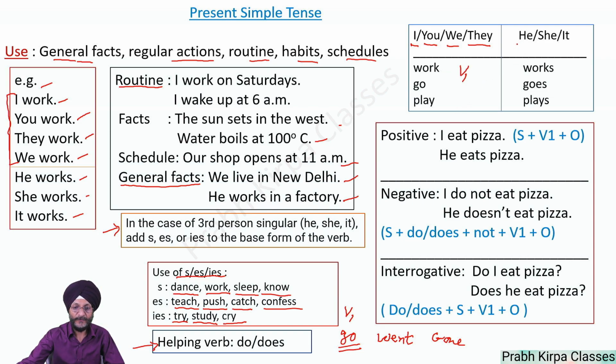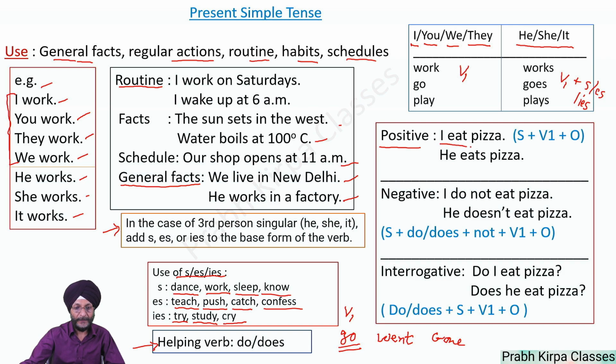Whereas in the case of third person singular he, she, it, we form the first form of the verb plus s, es, or ies. Okay?